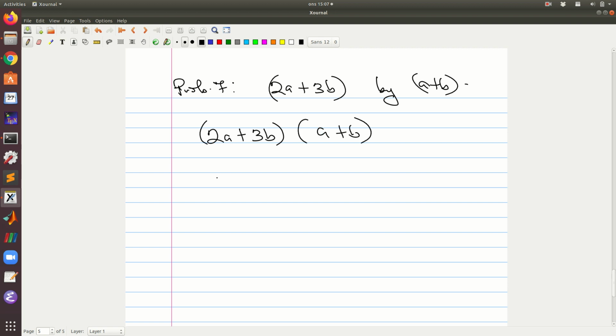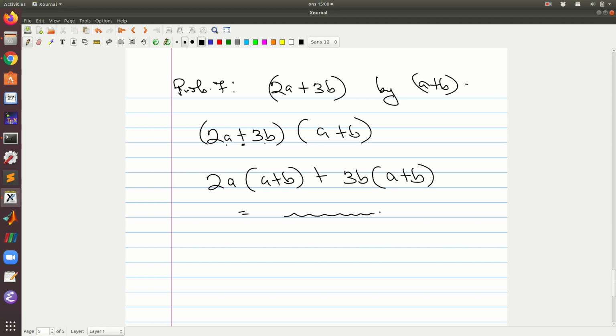So this is the same as saying 2a into a plus b, then plus, please always take note of the signs there, 3b multiplied into a plus b, like we did in the first video where we explained the distributive property. And then at the end simplify, like terms together.